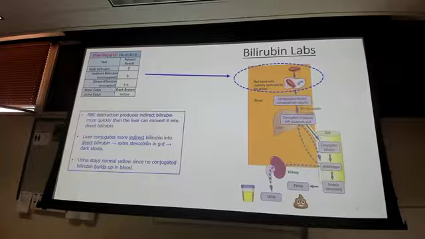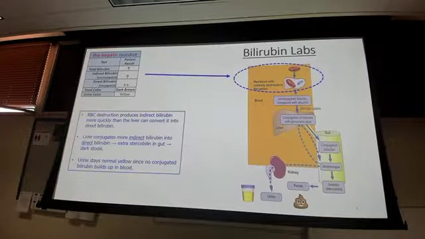But because we're processing so much indirect bilirubin into direct bilirubin, you're going to have an increased amount of direct bilirubin going into the gut. As a result, you're going to make more stercobilin.